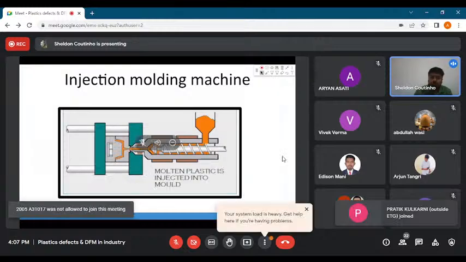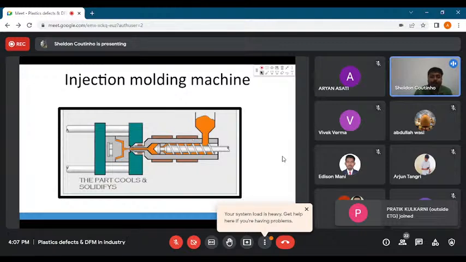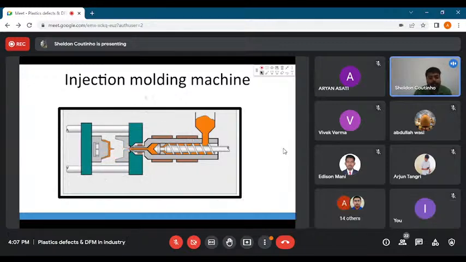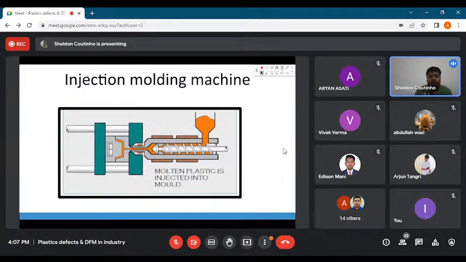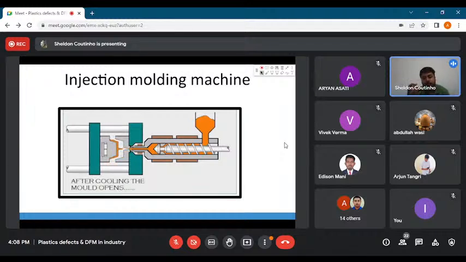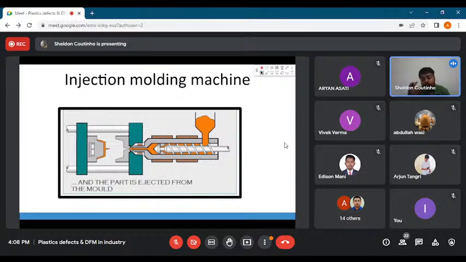These rectangular objects that you see over here, the orange colored ones, are called band heaters. Band as such means the wristband or a thick round component that surrounds the entire barrel of the screw.